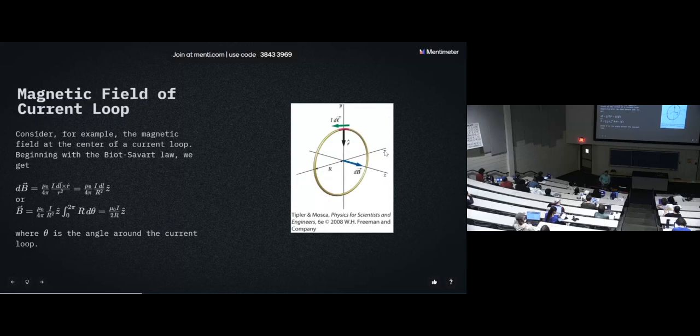So you could integrate around that loop. One of the cases that we'll deal with here in this class is the magnetic field of a current loop. Integrating around this loop, R is going to be constant, making this a much easier problem to solve.